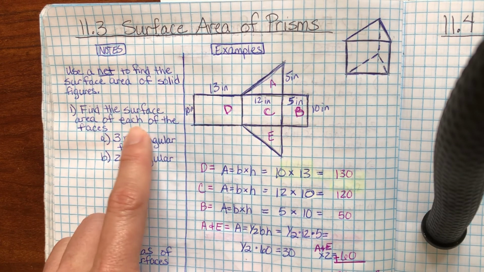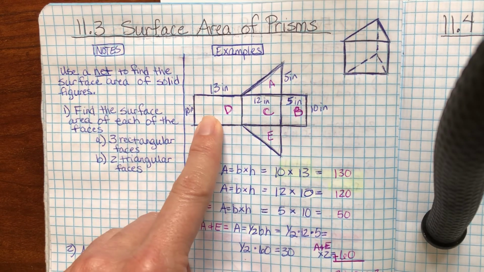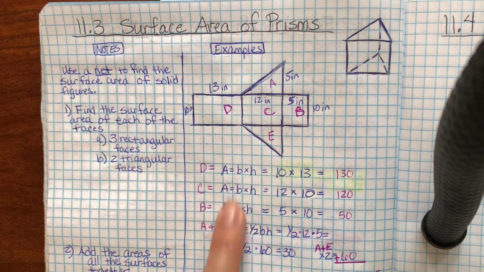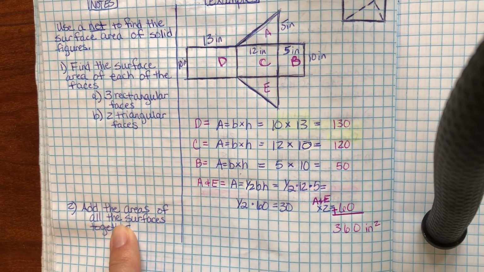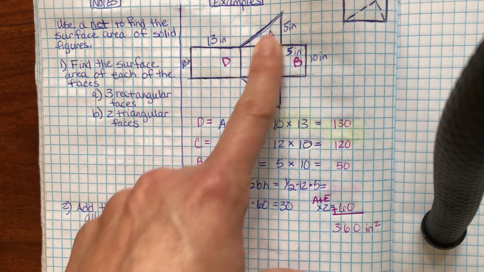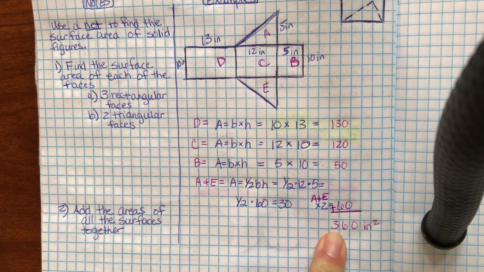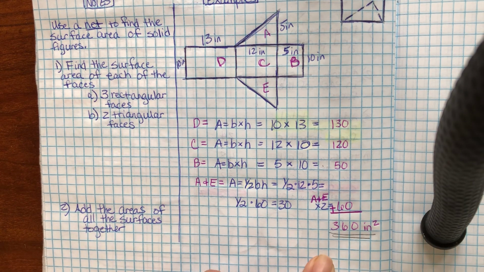First, we find the area of each of the faces of our solid figure. And so here's all the faces of this figure. Find the areas of each of them. Then we add them all up. That's all there is to it. Find the area of each figure in the net, add them up, and there's your answer. So this is our final answer.